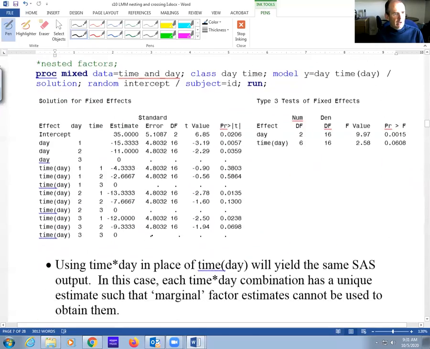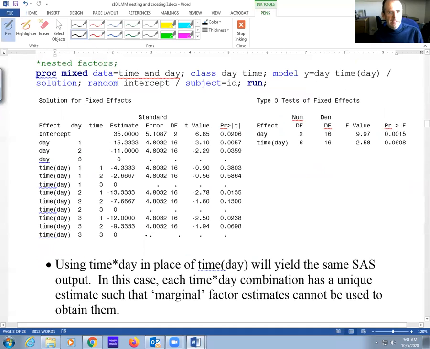Now if we cannot consider morning, noon, and evening to have consistent meanings across days, then the way we write our model is we have day as an effect, and then we have time within day. You could have actually put time by day and you get the same thing.